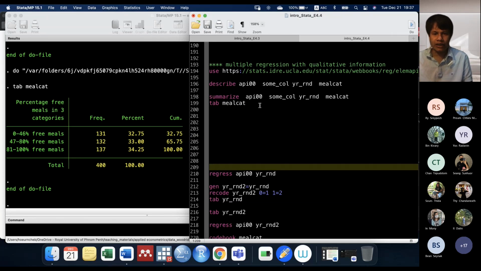If the variable is categorical, use tab. Any questions, everyone? Just getting to know the data.